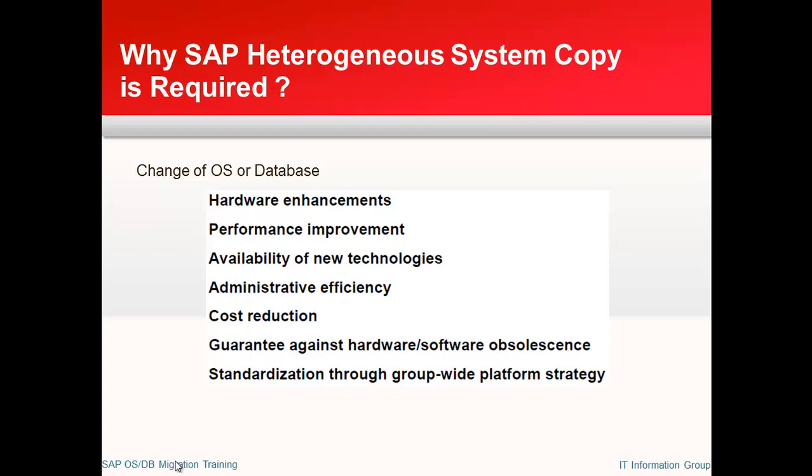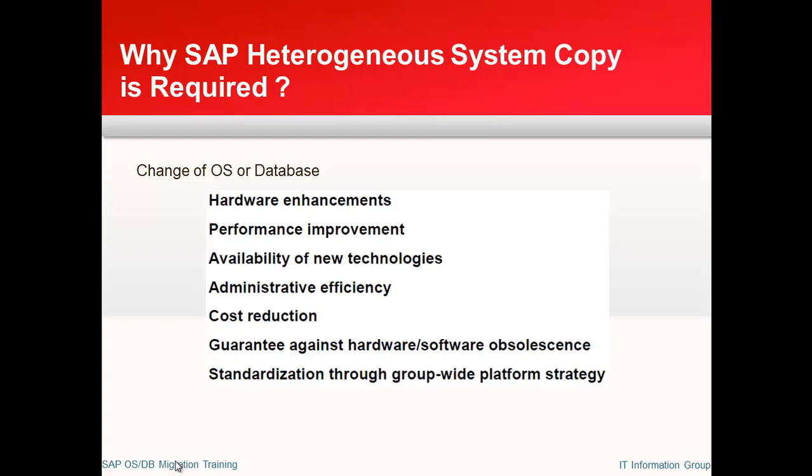So we have seen what it takes to perform a heterogeneous system copy, and why we get into performing one, even though it is a complex process. We evaluate the pros and cons of performing a heterogeneous migration over a homogeneous migration, and we make a call and perform the migration.